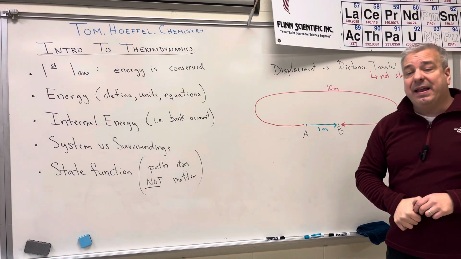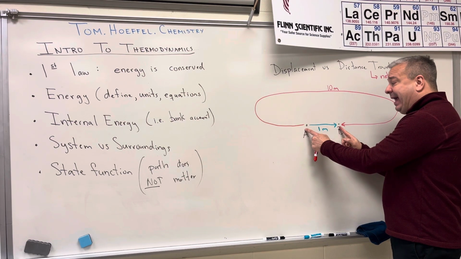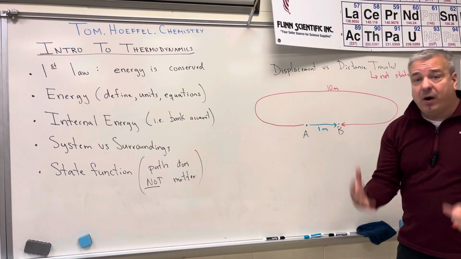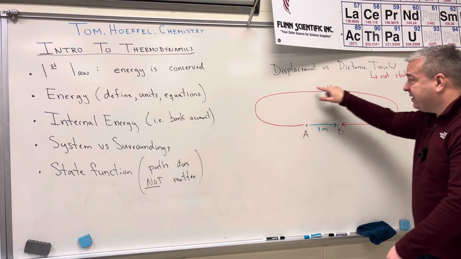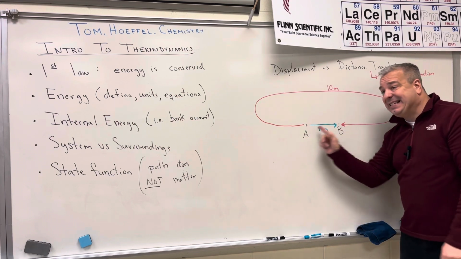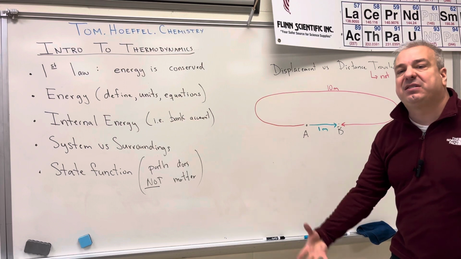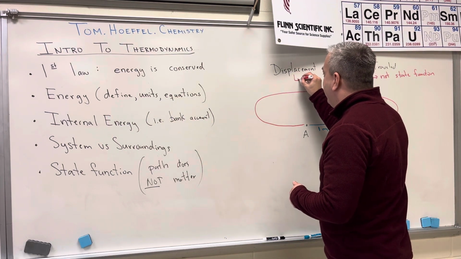When it comes to displacement, though, the difference between point A and point B is 1 meter. It doesn't matter if I go here to here or if I take this long path. The difference in their positions is exactly 1 meter, and that's how displacement works. So displacement is a state function.